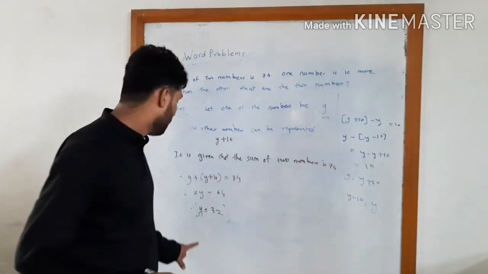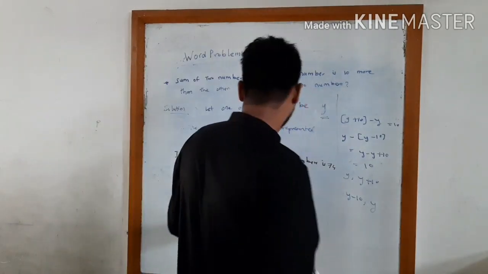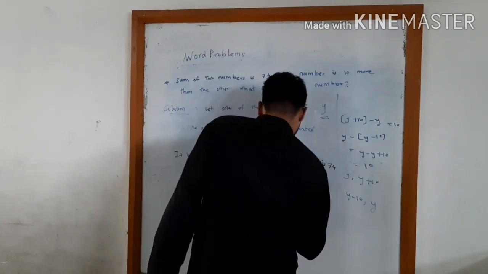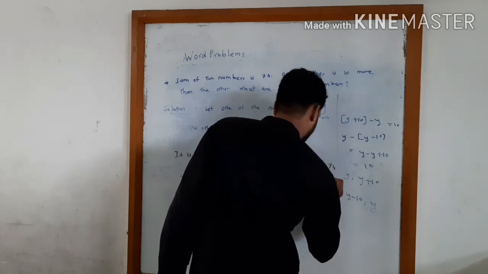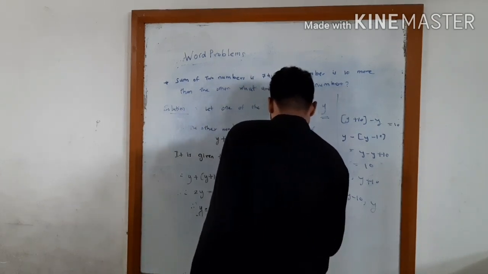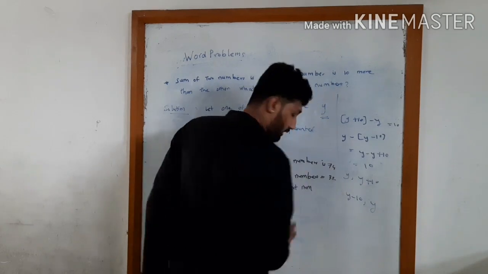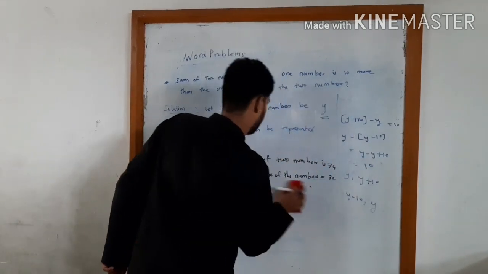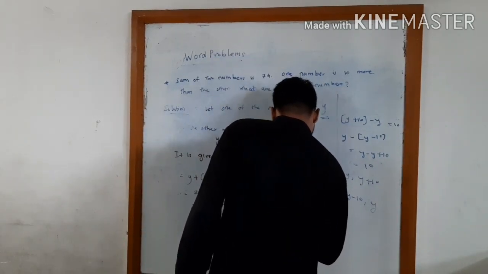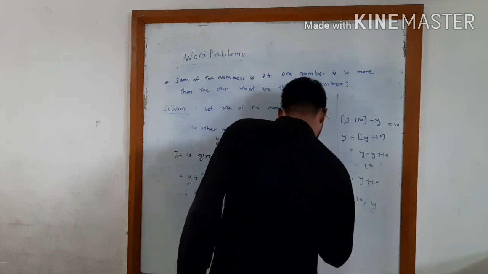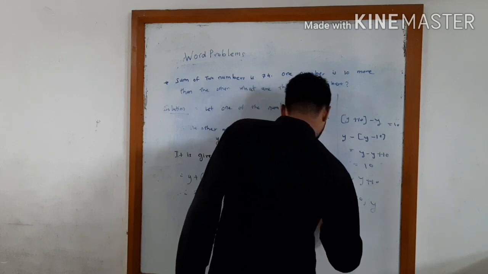This is not the final answer. You got just y, but we have to find two numbers. The first number is 32. Therefore, one of the numbers is 32 and the other number is y plus 10, which is 32 plus 10, which is 42.